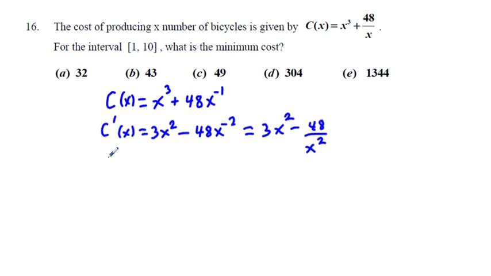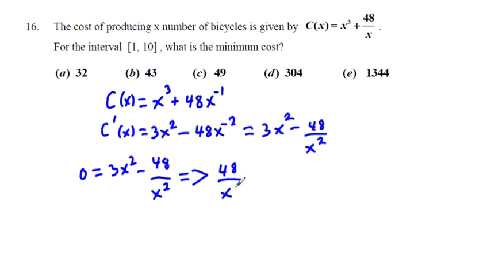And so we can set the first derivative equal to 0. So 0 equals 3x squared minus 48 over x squared. And adding 48 over x squared to both sides of the equation, we get 48 over x squared is equal to 3x squared.